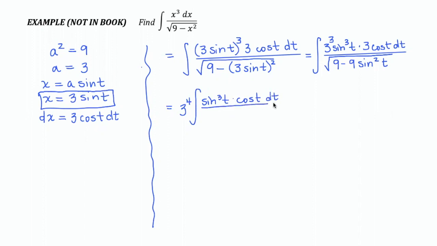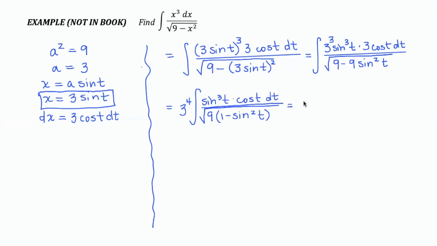And in my denominator, as usual, I now can factor out a 9 from both terms. And remember, square root of 9 I can do separately, which is 3. And because it's in the bottom of the fraction, it's going to cancel out one of my 3's in front of my integral.